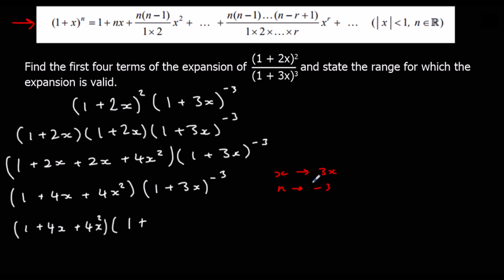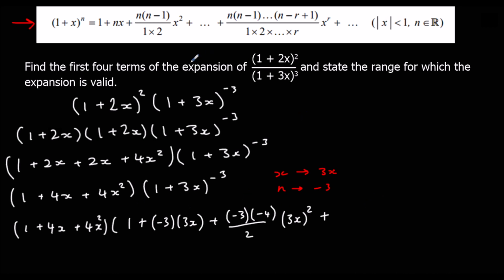So -3 times 3x, plus n times n minus 1. So n is -3, n minus 1 is -4, over 1 times 2, which is 2, times x squared. So that's our 3x squared. That's the first 1, 2, 3 terms.